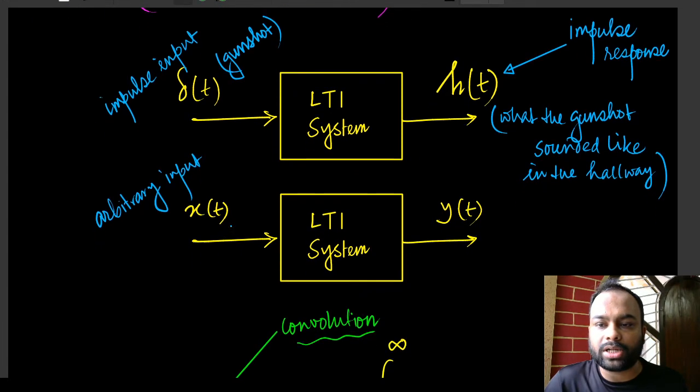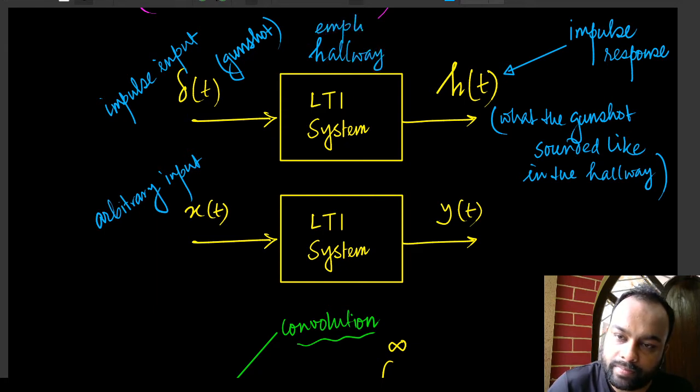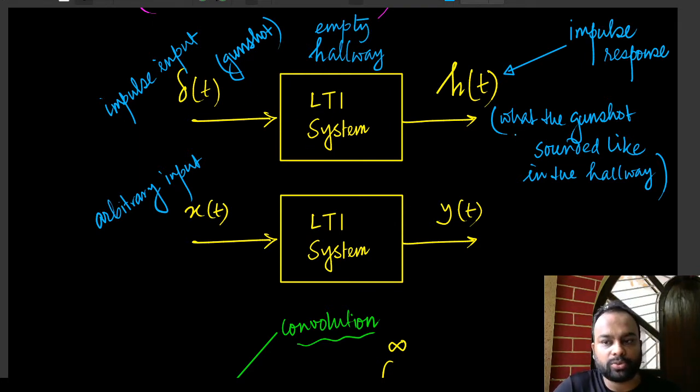This is what the gunshot sounded like in the hallway, and this is the empty hallway. The system is the empty hallway. The impulse input is the gunshot, and the impulse response was what the gunshot sounded like in the empty hallway.